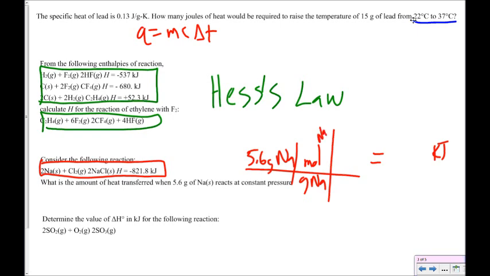And now finally, if I know how many moles of sodium I've got, I could predict how many moles of chlorine, I could predict how many moles of sodium chloride, and I can also, in energy stoichiometry, predict how much energy. So from that balanced thermochemical equation, I know for every 2 moles of Na, I have negative 821.8 kilojoules of energy.